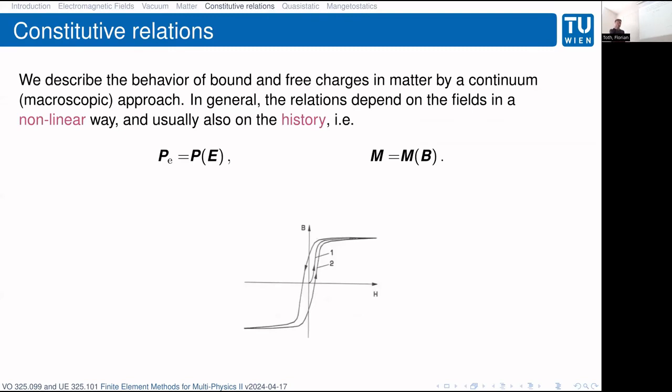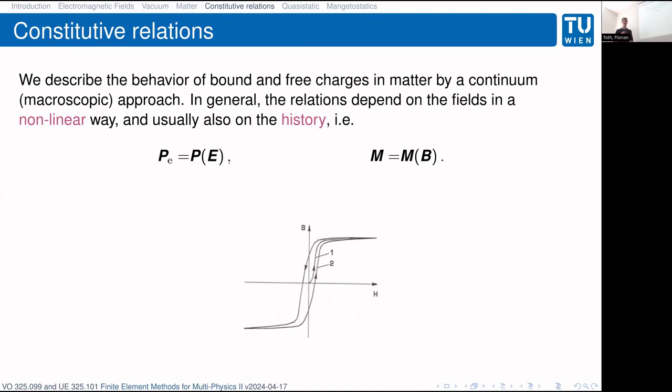So we spoke about magnetic material properties in matter. They can be quite complex. Typically, you have the electric polarization dependent on the electric field, and similarly the magnetization dependent on the flux density or field intensity, depending on how you formulate it.